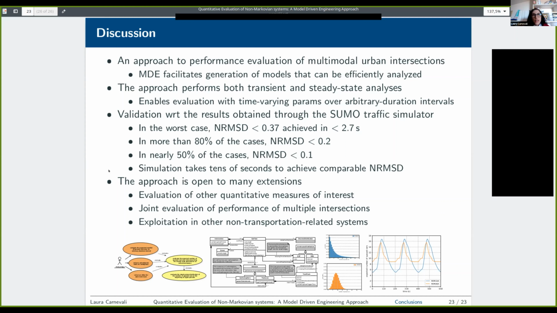The user can select the next event, and then the time of the next event is sampled by the tool from the distribution associated with that event. The user can also define a number of events and then let the system advance the evolution for that number of events.